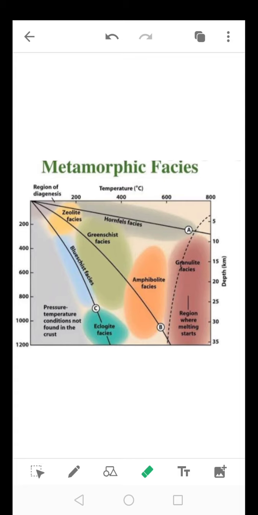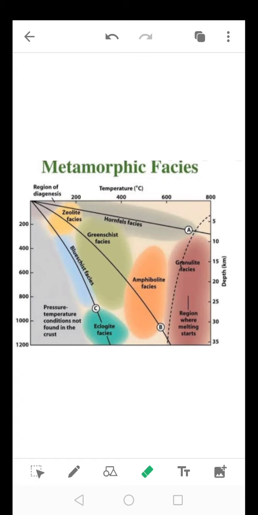We have different settings in geology: the subduction setting, the orogenic setting, or the case where magma intrudes into the surrounding rocks. That's why we're saying different settings. The metamorphic rock that results will depend on the protolith, which is the parent rock.